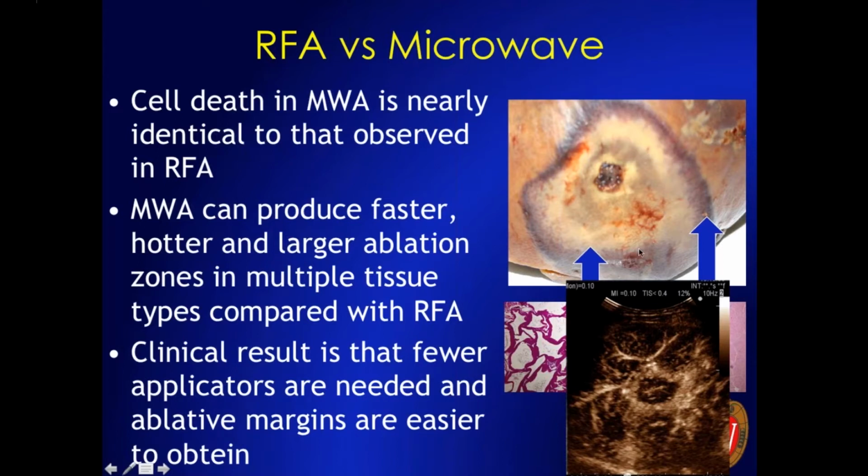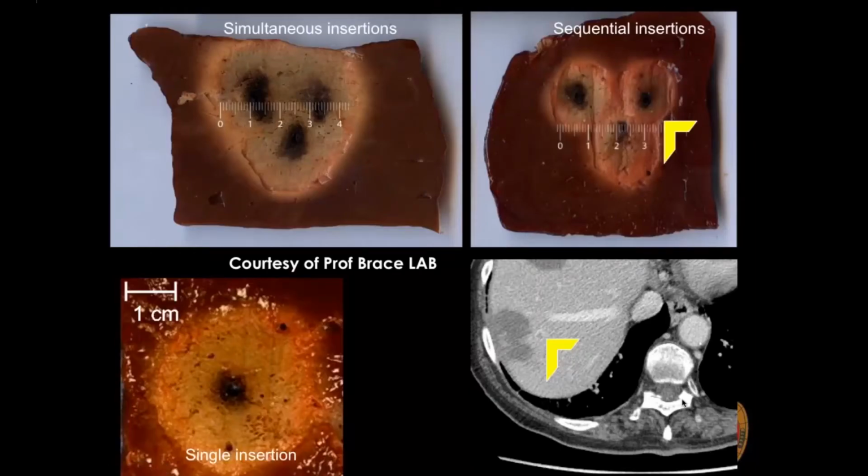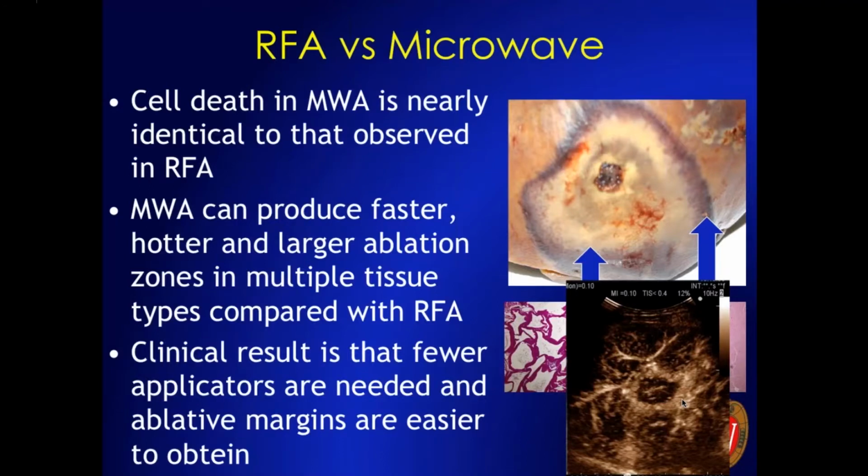This is the necrosis, corresponding with the black area in contrast-enhanced ultrasound just after treatment, and this is the inflammatory ring around the necrosis, and the same is visible in CEUS. But microwave can obtain this larger necrosis faster, hotter, and with a larger area of treatment.